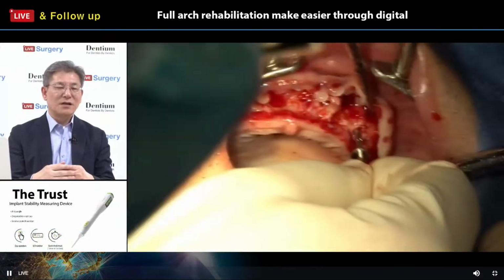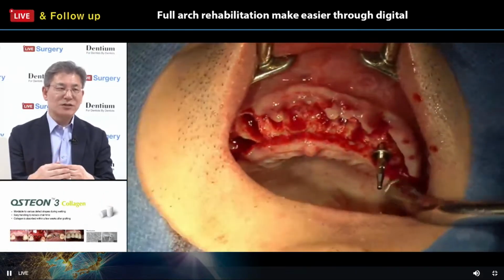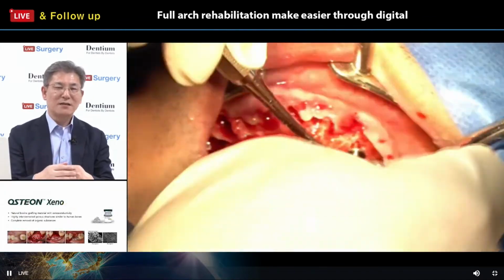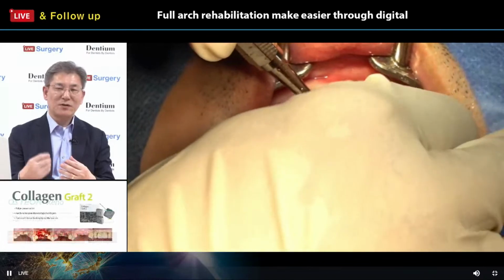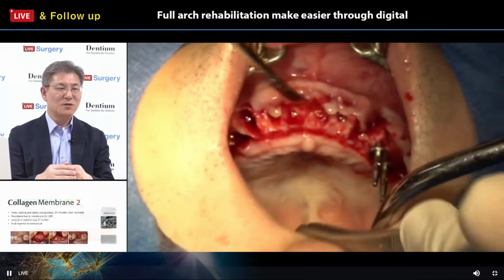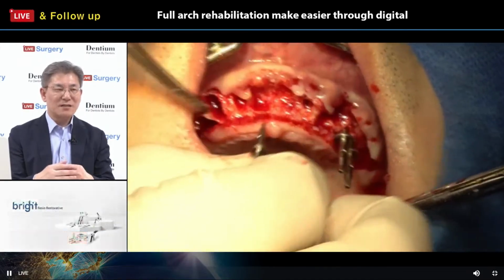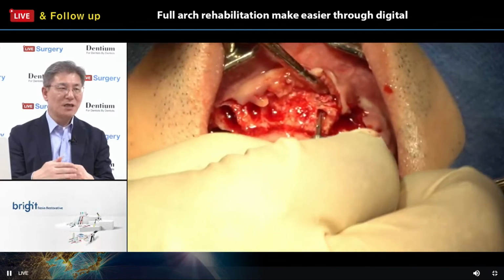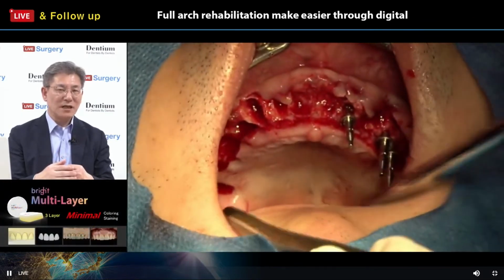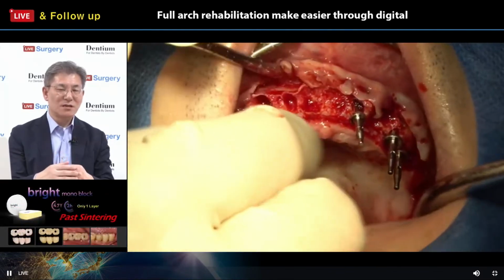Because of periodontal disease, the site has been impacted by periodontal pathogens for a long time. So, generally speaking, a periodontally compromised area should wait for a long time. The delayed approach is better.